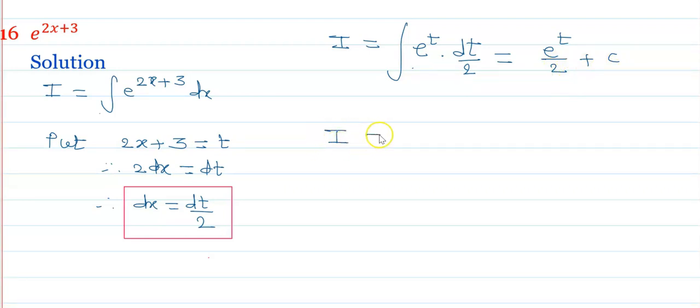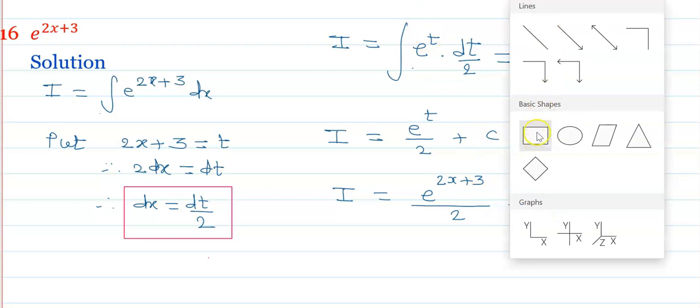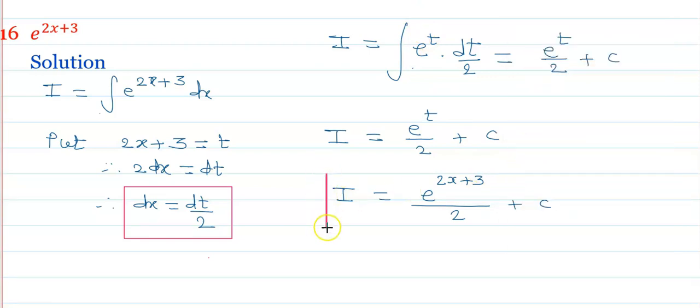Therefore, I is equal to e raised to t upon 2 plus c. Substitute the value of t. What is that? 2x plus 3. e raised to (2x plus 3) upon 2 plus c. This will be the answer.